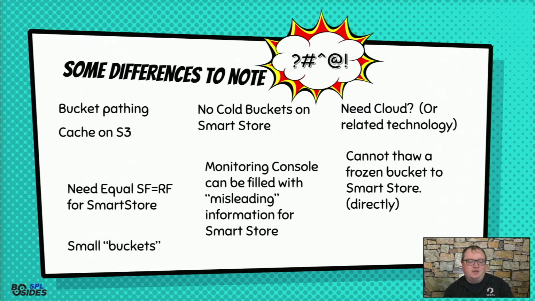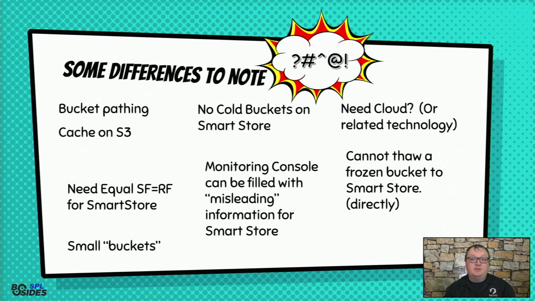We were massive compared to the SmartStore, which said it's only 1 terabyte, but the monitoring console said no, it's 3 terabytes. I don't know what you're talking about. So what I noticed for SmartStore is, one, it doesn't distinguish between the index storage on the SmartStore versus the storage on the indexers.